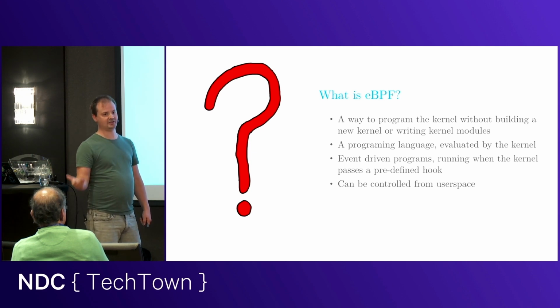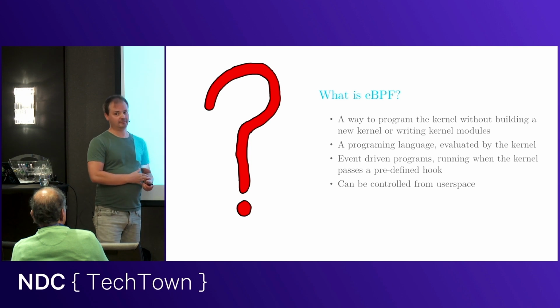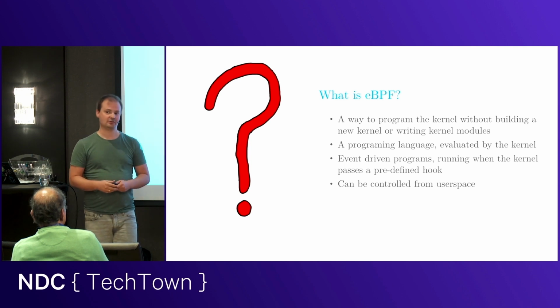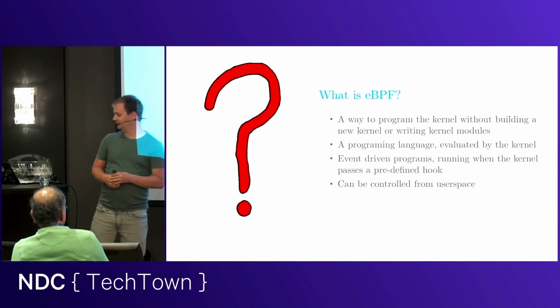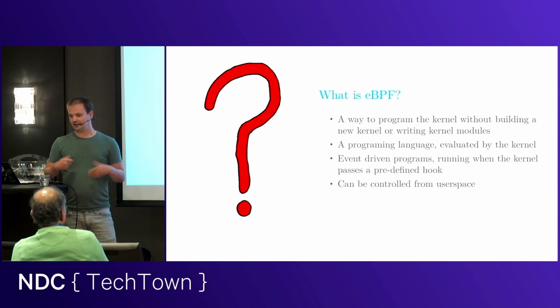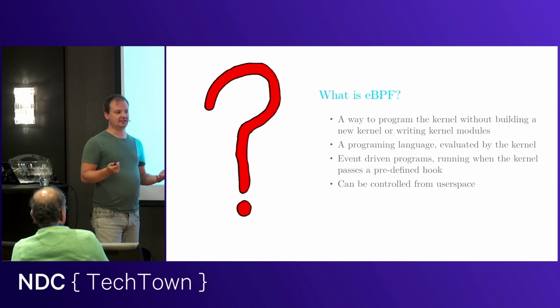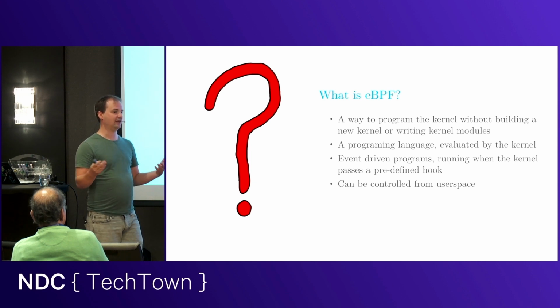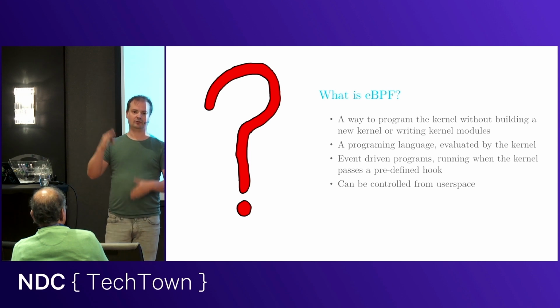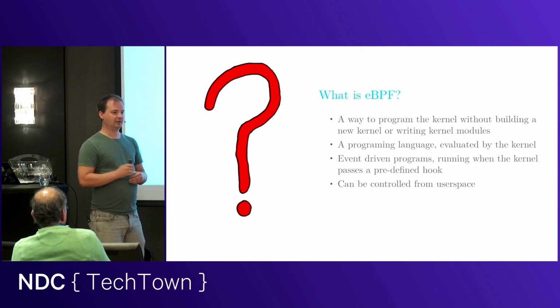So in the kernel, there's an interpreter for this programming language. There's also a JIT compiler, which is pretty cool. And the big gain of this is that you can add features to the kernel, meaning they will run without having to cross the kernel user space barrier.